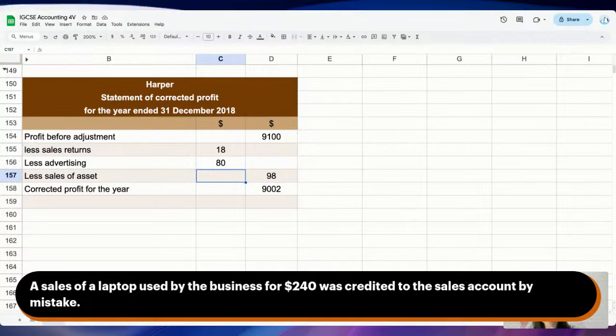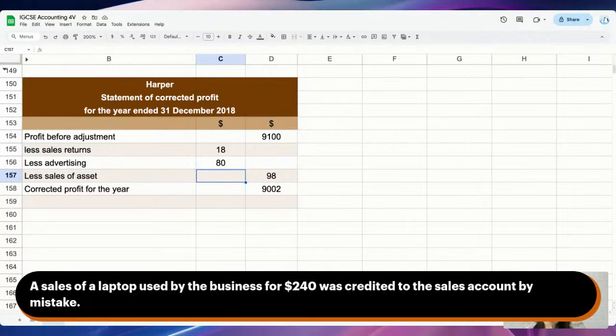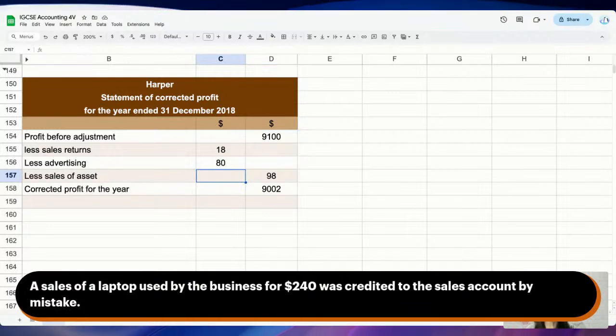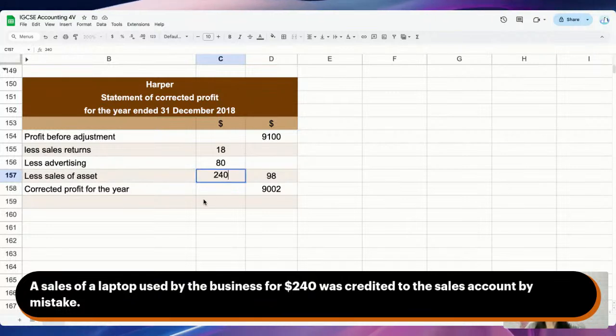When it's an asset, it will not affect your profit and loss. But it was credited to the sales account and increased the sales, which is not right. So we have to reduce the sales by 240, and we need to do the adjustment in the profit now.